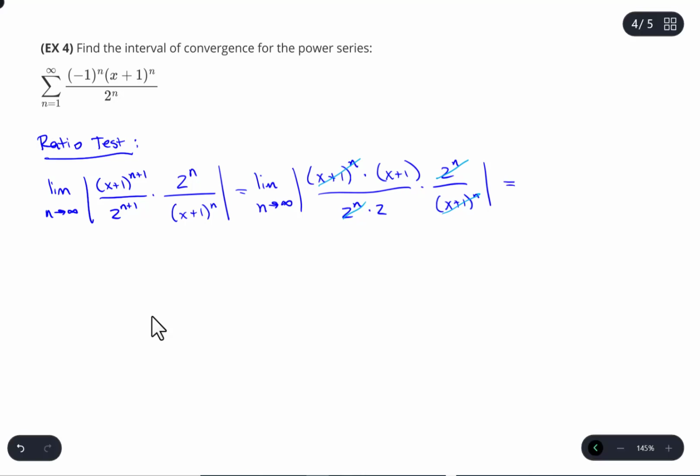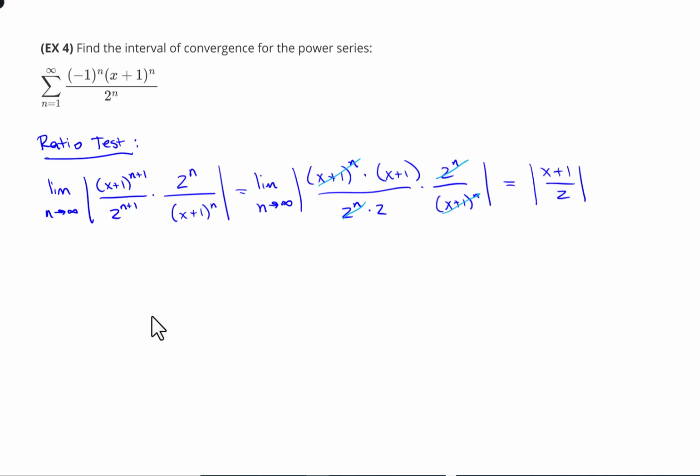So this results in the absolute value of x plus 1 over 2. That's only going to converge when that is less than 1. So we need to solve this inequality here to figure out at least the starting point of where the interval of convergence is.